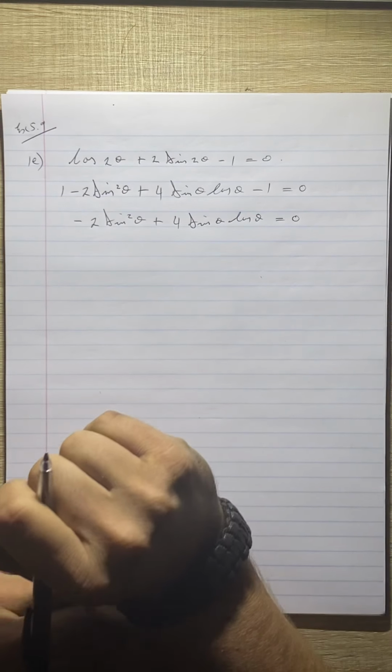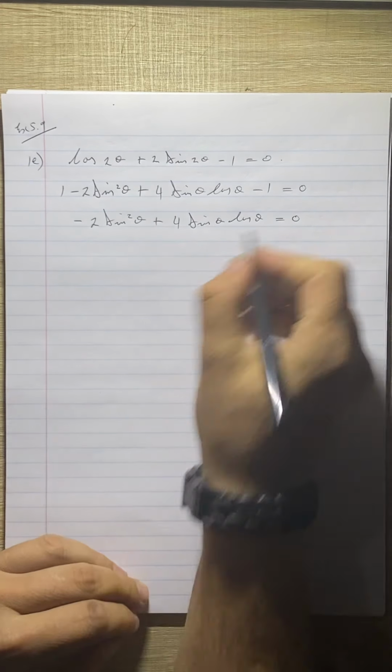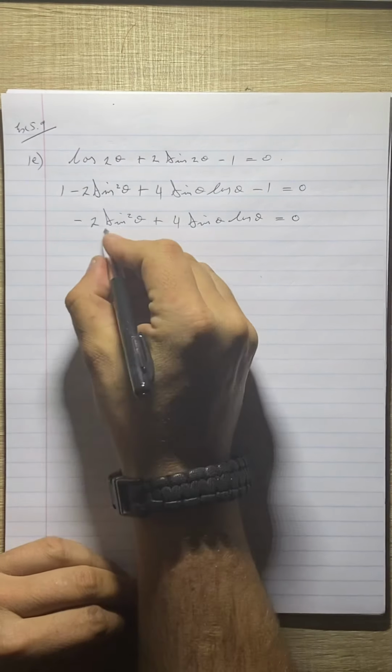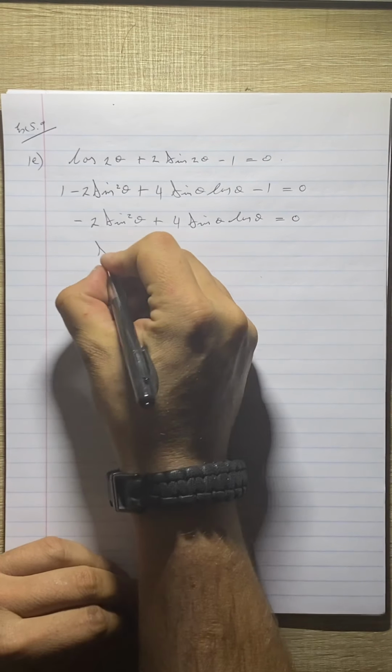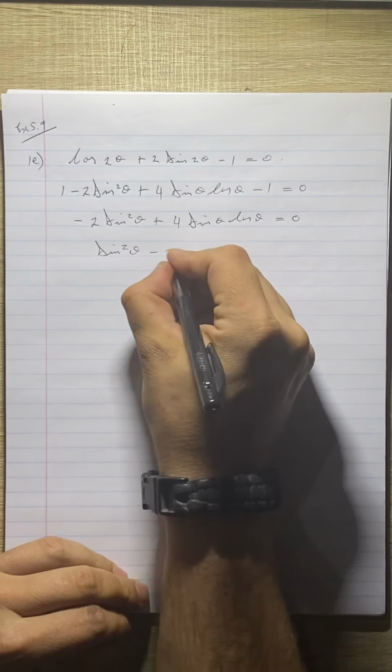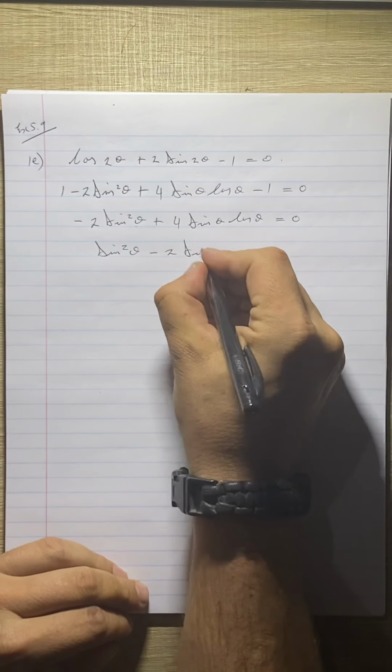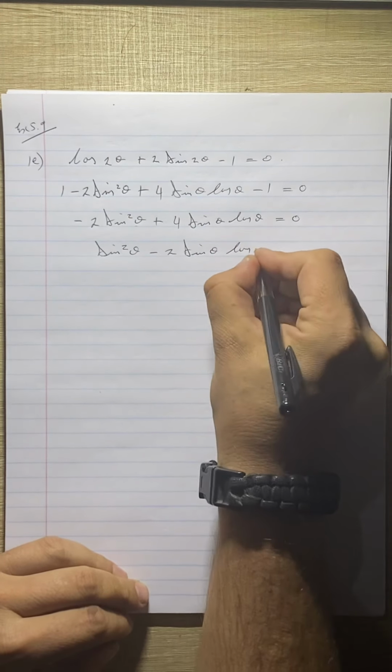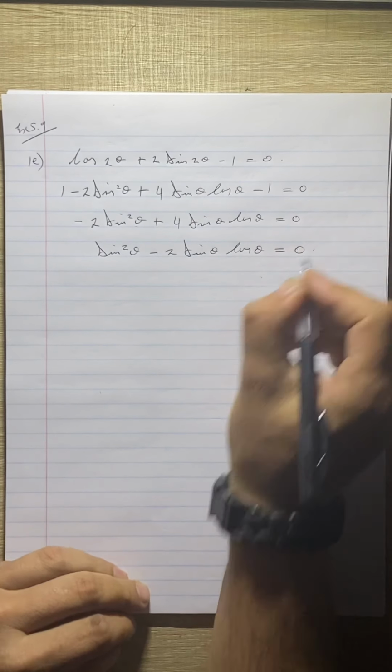I'm just going to divide through by minus 2 to make our lives a little bit easier. So divide this by minus 2, we get sin squared theta minus 2 sin theta cos theta equals 0.